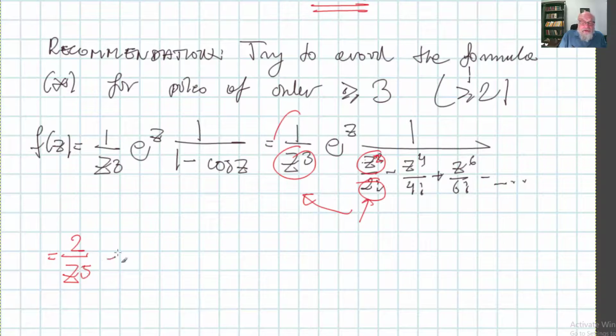Then I have here e^z, and then something that looks like 1, and then I put here minus. I pull z squared out. Remember, we pulled out 2, so this will be 2 divided by 4 factorial.